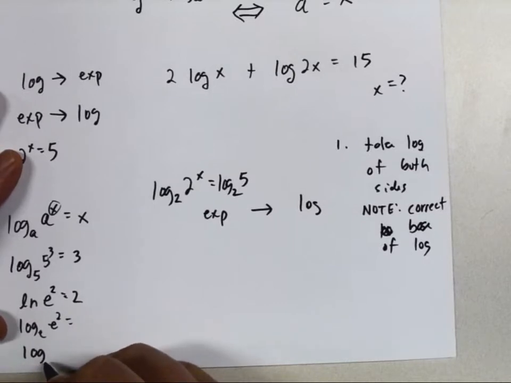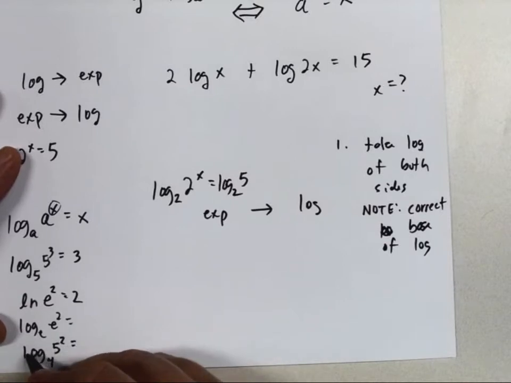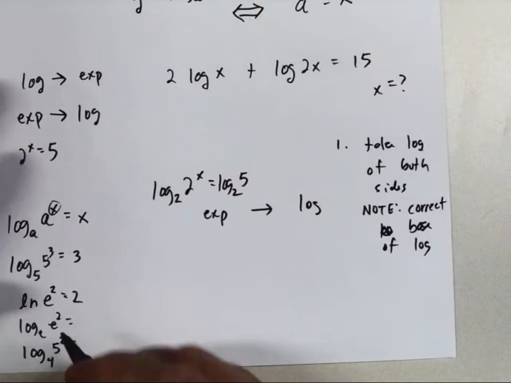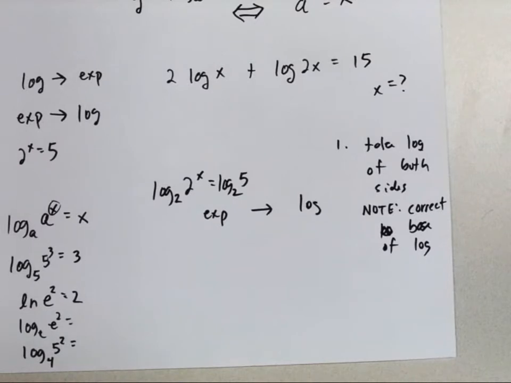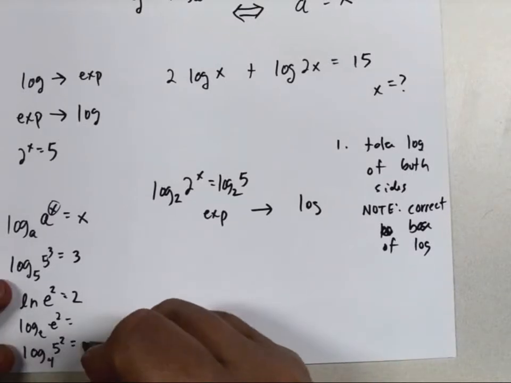Just to see if you're getting this, how about log base 4 of 5 squared? Well, that's an example of where I'm sort of stuck because the base of my log is not the same as the base of my exponent.